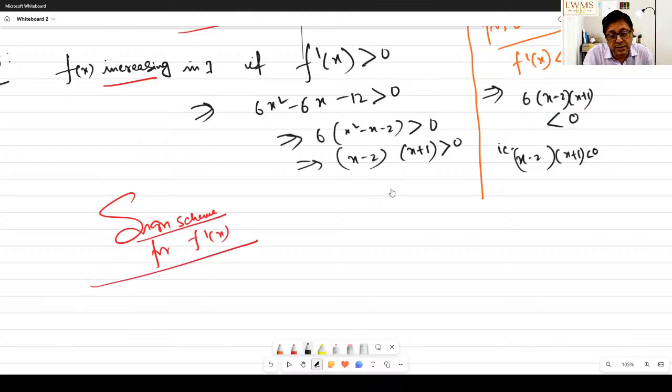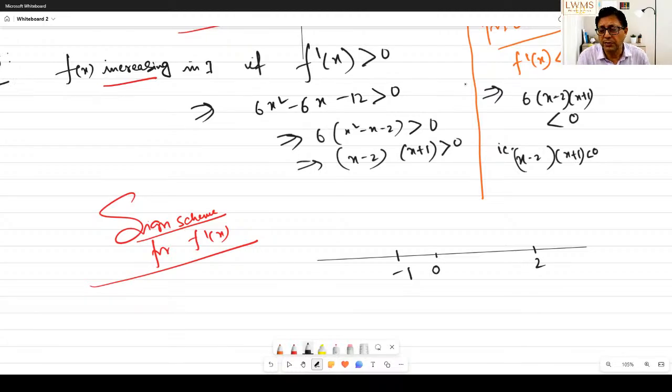What is the convention? You find the critical points. Quite obvious, it is 2 and minus 1. So minus 1 here and 2 there. Origin is somewhere like this, that is 0.